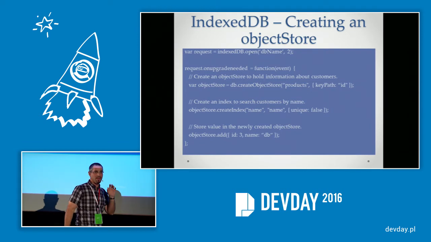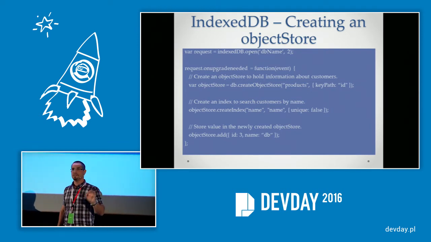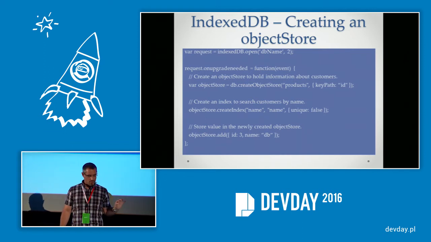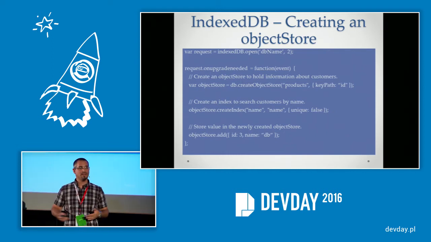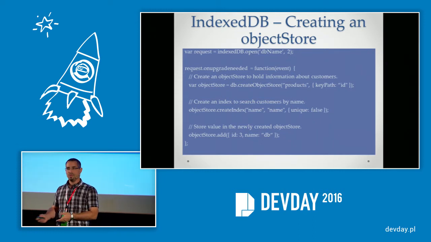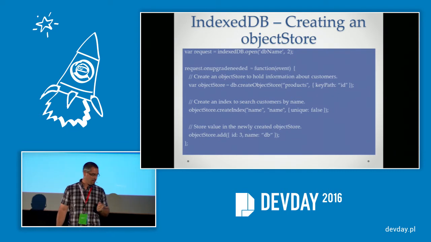A key path is which property is going to be the index of this object store. For example, in this example, ID is going to be the index. You can configure that index to be incremental if you don't have IDs or you don't generate IDs, or non-incremental. That means that you will have to create those IDs by yourself.